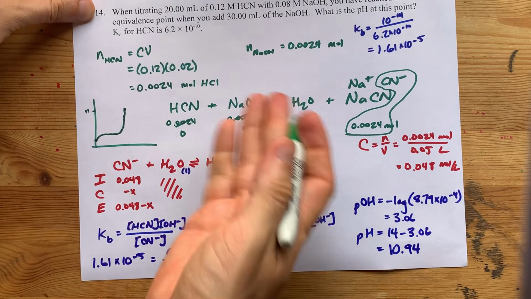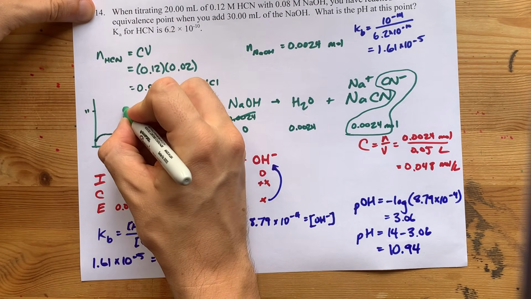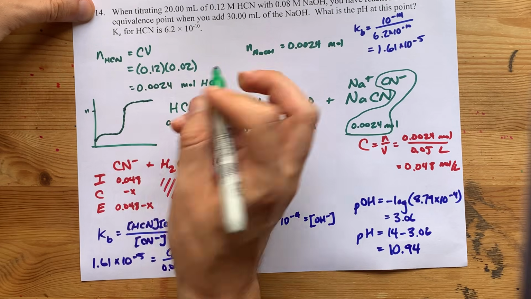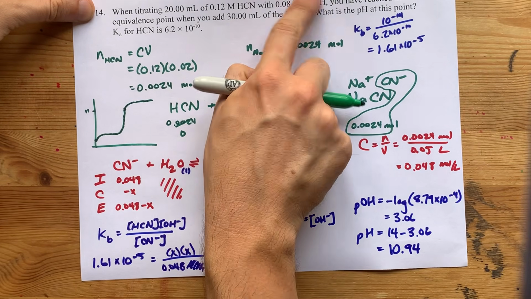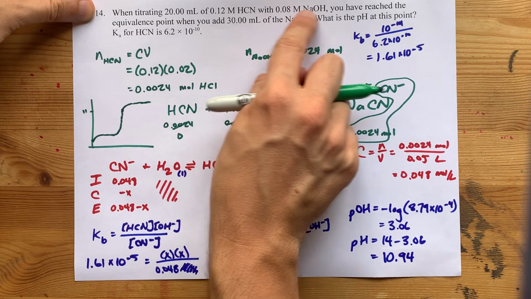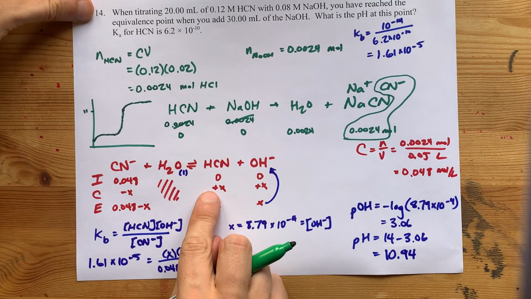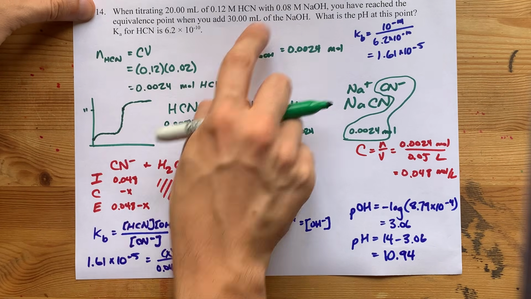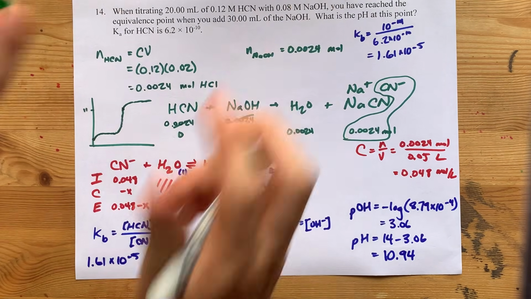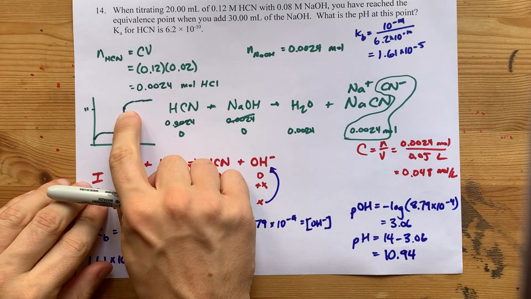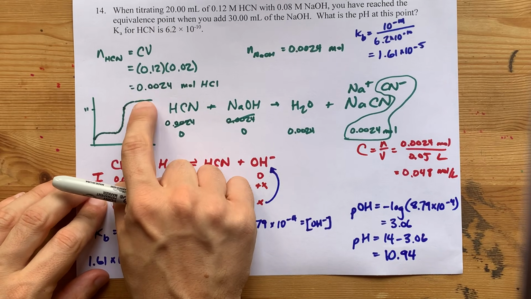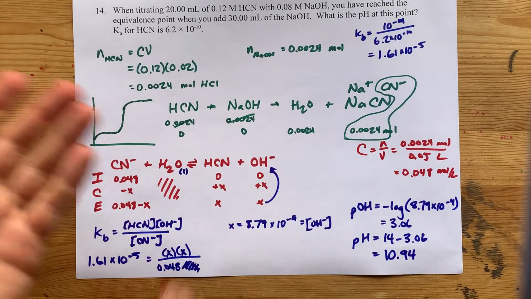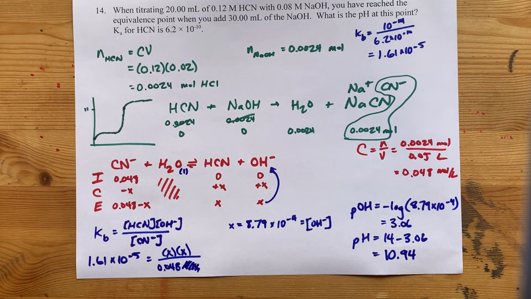Oof, well, 10.94, I guess. And then it will continue to rise a little bit until eventually you've just overwhelmed the whole solution with this NaOH, and your pH can't rise any higher than whatever the pH of this is that you're adding. So there's an asymptote here. It'll keep rising until it gets to that point, and then it's just going to call it a day, right?